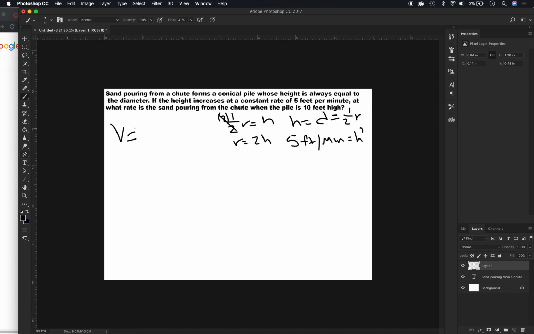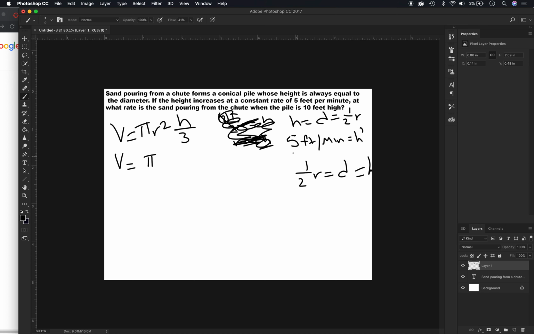Get it to work. So let's rewrite a little formula. V equals, what was it? Pi r squared h over 3. So this is just confusing me. So I'm not gonna look at that. We're gonna do v equals pi, we're gonna do r squared. So hold on. 1/2 of r equals d, right?